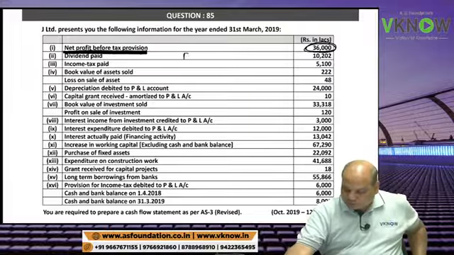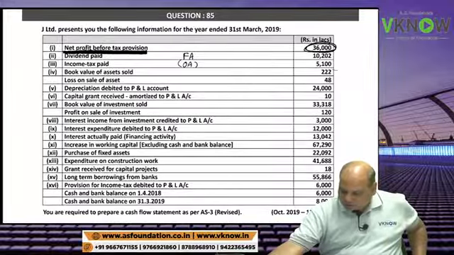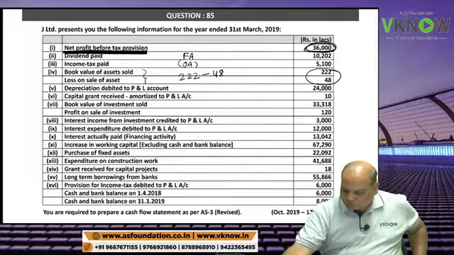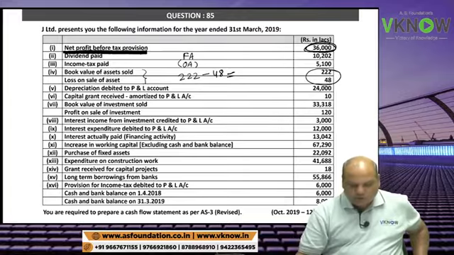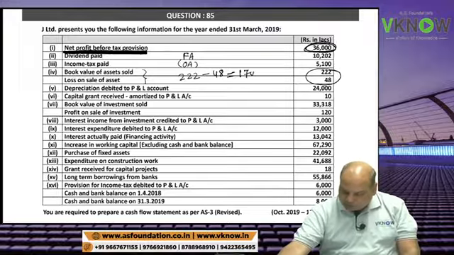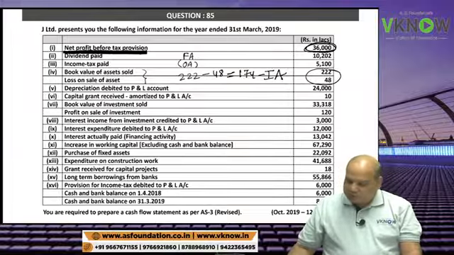Dividend paid will go to financing activity, income tax paid to operating activity in bracket. Book value of the asset sold is 222 minus loss 48, so the net amount will be 174, and you will put it in investing activity.